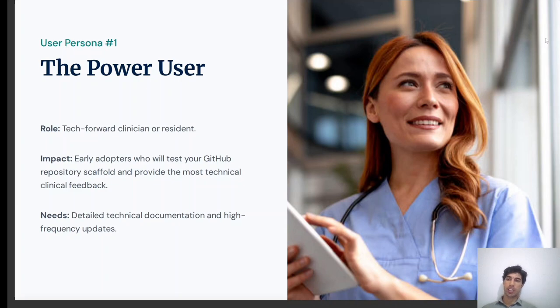So this is for testing purposes, and the needs are detailed technical documentation and high frequency updates. Before they test our project, we need to have proper technical documentation and high frequency updates so they can provide us with the most technical and clinical feedback.